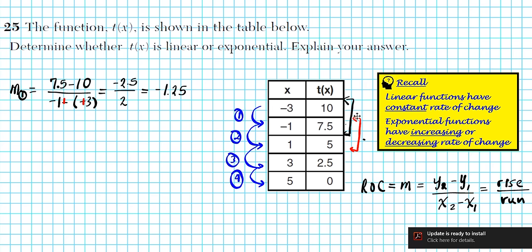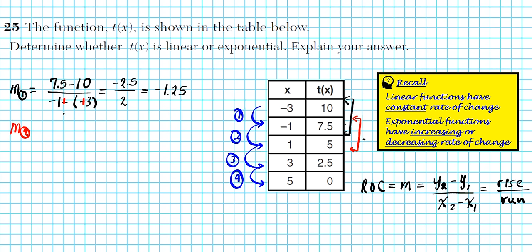So what is the slope on the second interval? m2 is going to be y2 minus y1, so 5 minus 7.5, that's a rise, divided by x2, 1, minus x1, -1. Remember, we're just focusing on this pair of coordinates right here, interval 2. Let's compute the slope or rate of change.